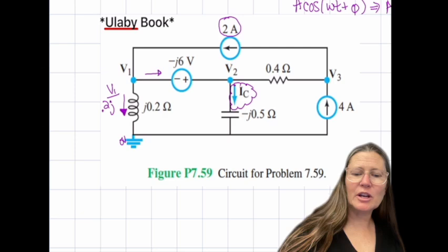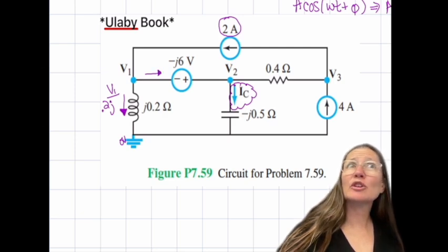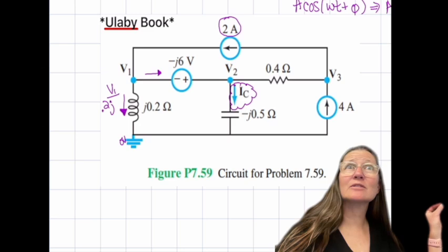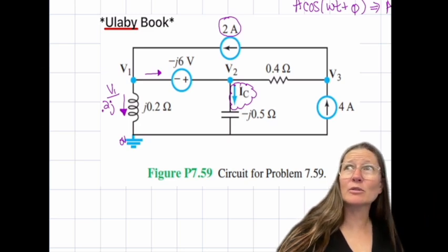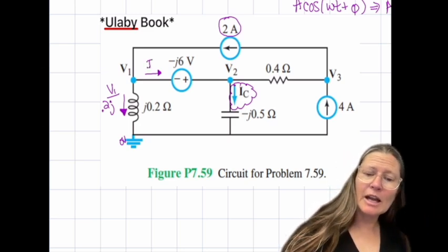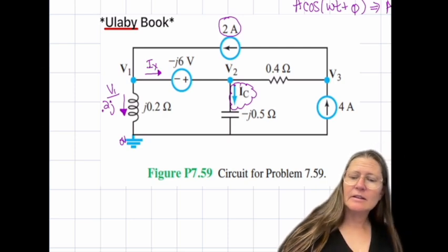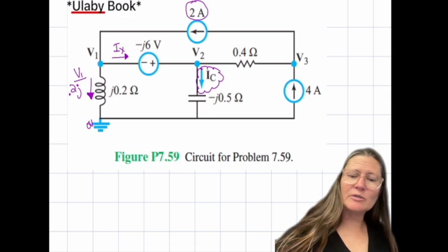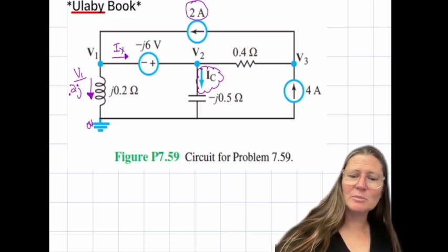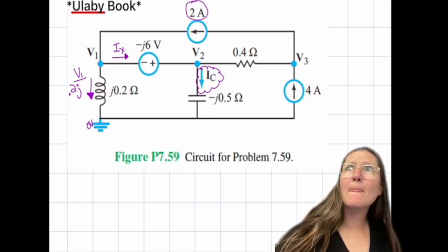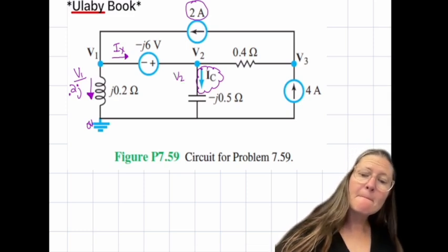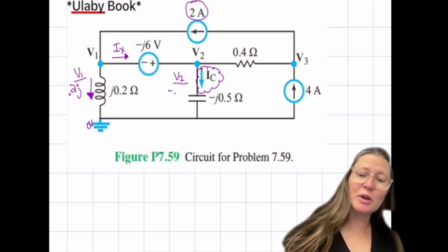What is the current here? Can we just write it? There's no impedance in there, right? So we have to label it as an unknown. So I can call it IX. The current where IC is labeled is going to be what? Correct. V2 over minus 0.5J.